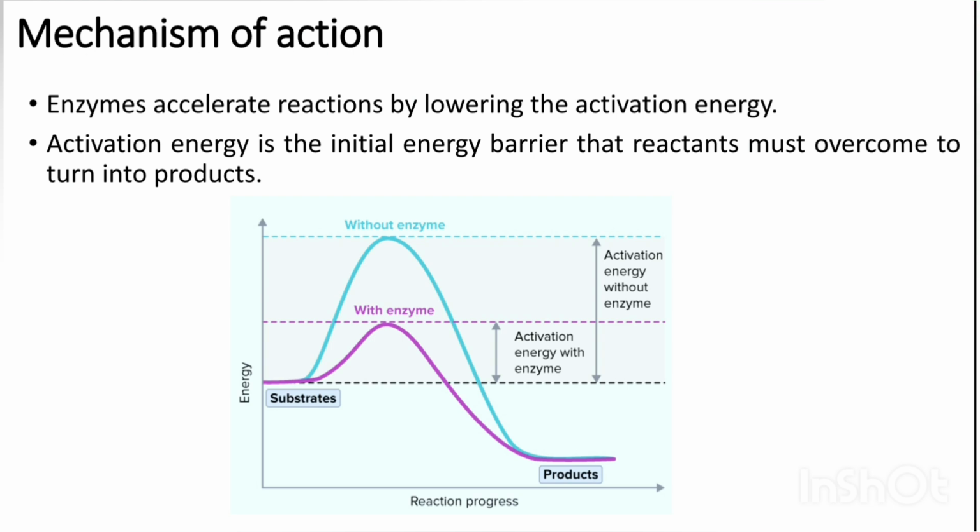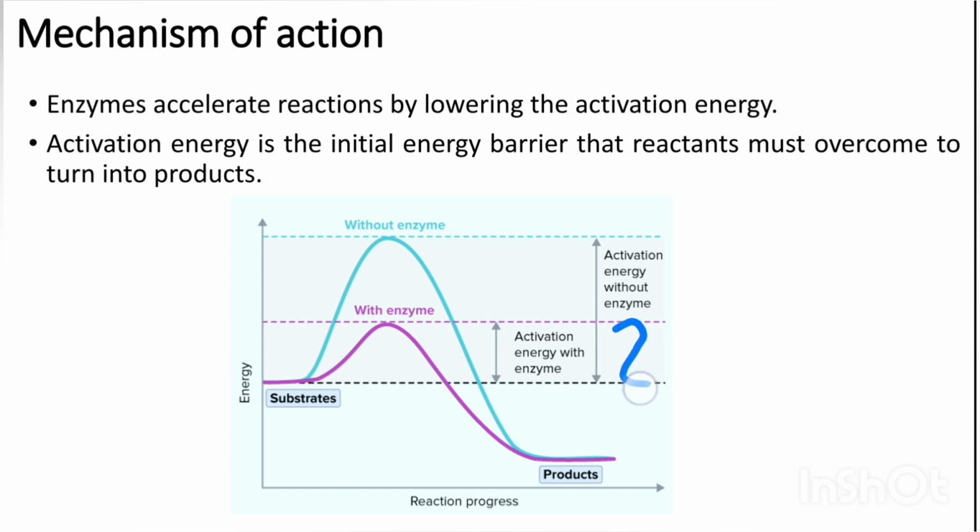Then the mechanism of action. At first, enzyme works by lowering the activation energy. What is activation energy? Reactants require a certain amount of energy to start the reaction and begin converting into the product. That is called activation energy, and enzyme works by lowering it.